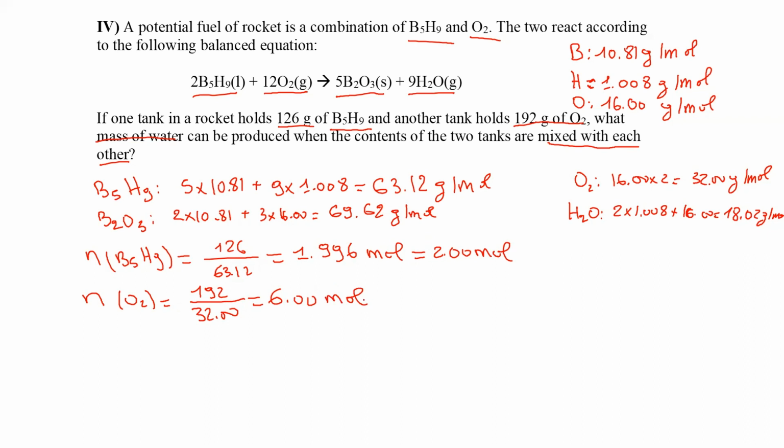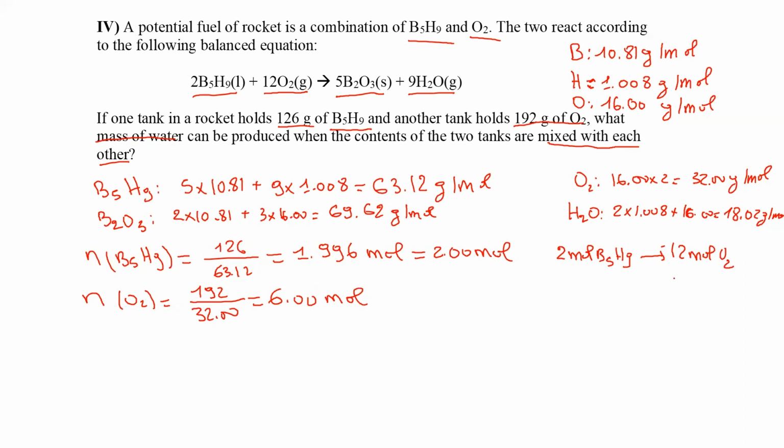Okay, and from our stoichiometric reaction, we know that 2 mole of B5H9 gives 12 mole of O2.